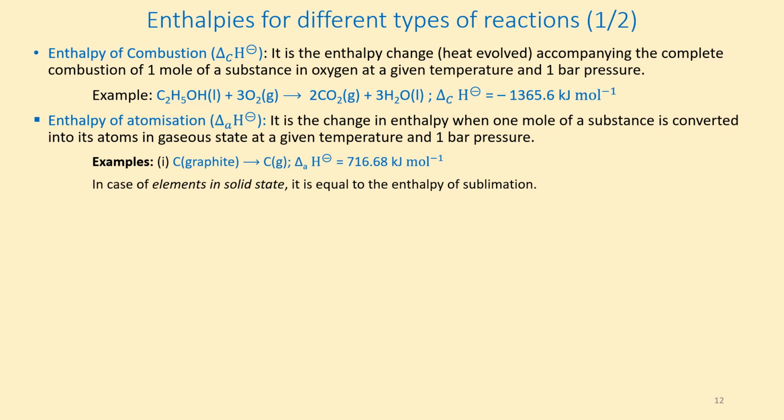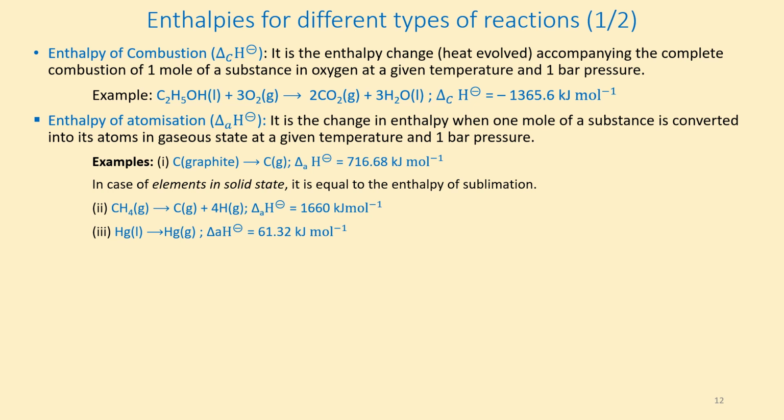In the case of elements in solid state, it is equal to the enthalpy of sublimation. CH4 gas splits to form carbon gas plus 4H gas, so delta a H naught equals 1660 kilojoules per mole.